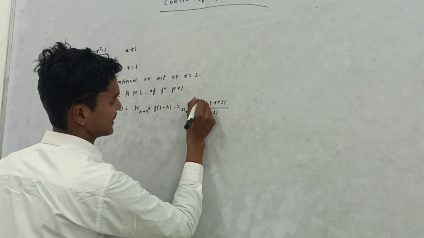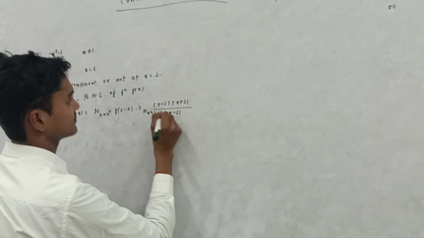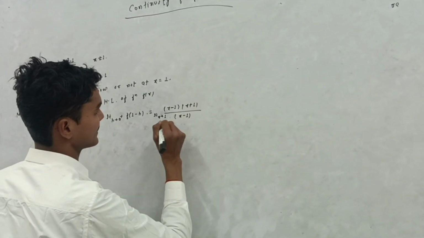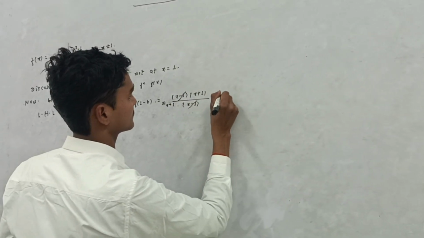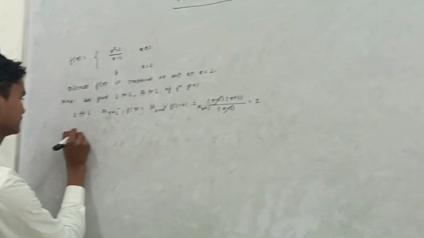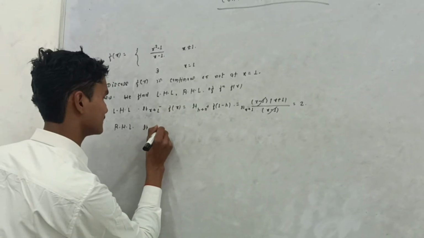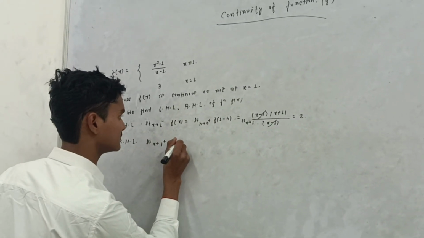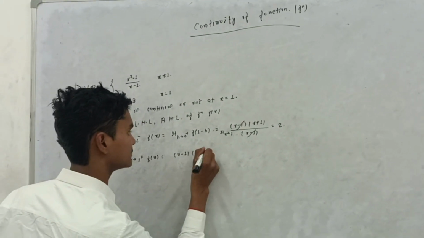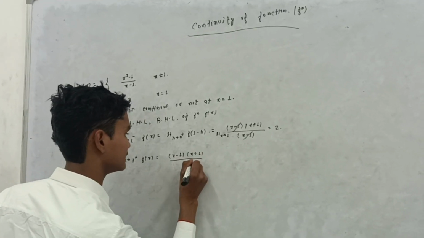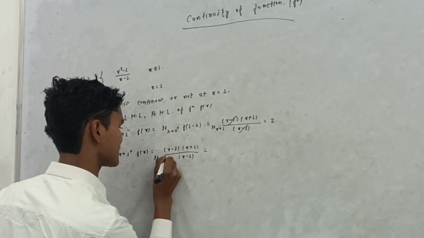Since this value is an approaching value, not the exact value, as we know from the limit, this term and this term cancel out, giving 2. And RHL: limit x tends to 1 plus f(x) is equal to (x minus 1)(x plus 1) by (x minus 1), is equal to limit x tends to 1 plus.